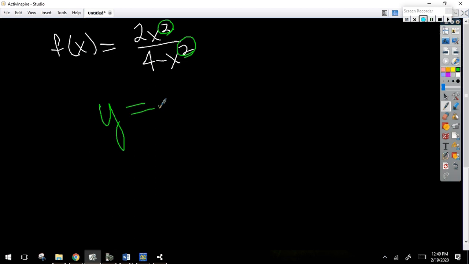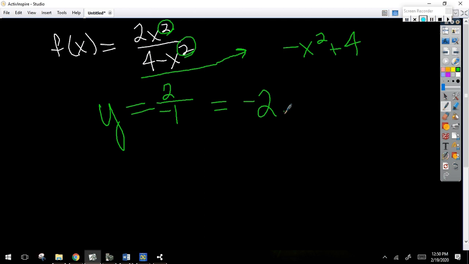So what's the leading coefficient of the top? 2. What's the leading coefficient of the bottom? Ooh, -1. Remember, leading coefficient is always hooked to the term with the biggest exponent. So really, what you want to do is think about this in standard form, because in standard form, that's when it leads the equation. So this means I have a horizontal asymptote at -2.